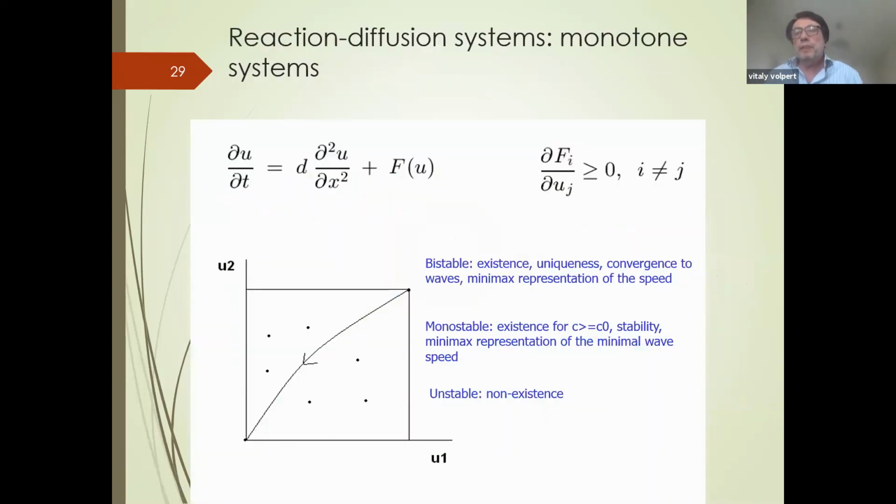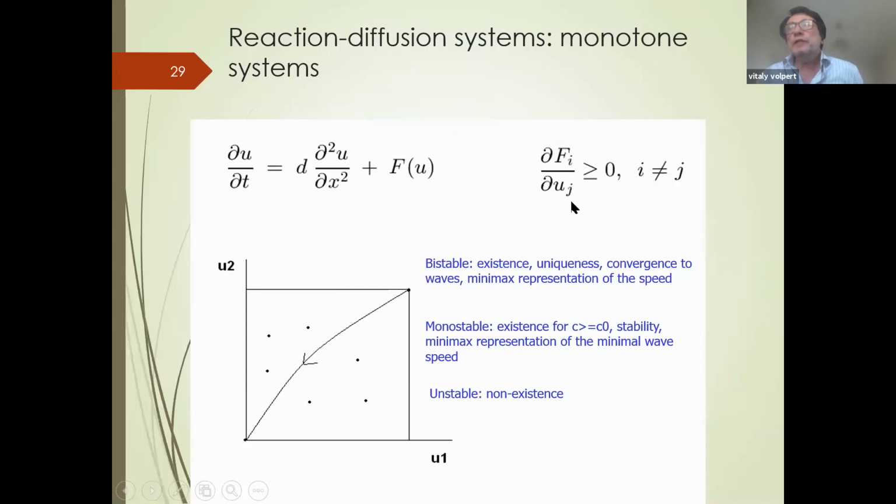To finish this first theoretical part of the lecture, just to recall that what we discussed before was for the single equation. All these results remain valid also for so-called monotone systems of equations. What do monotone systems of equations mean? Now U is a vector here, F is also a vector.